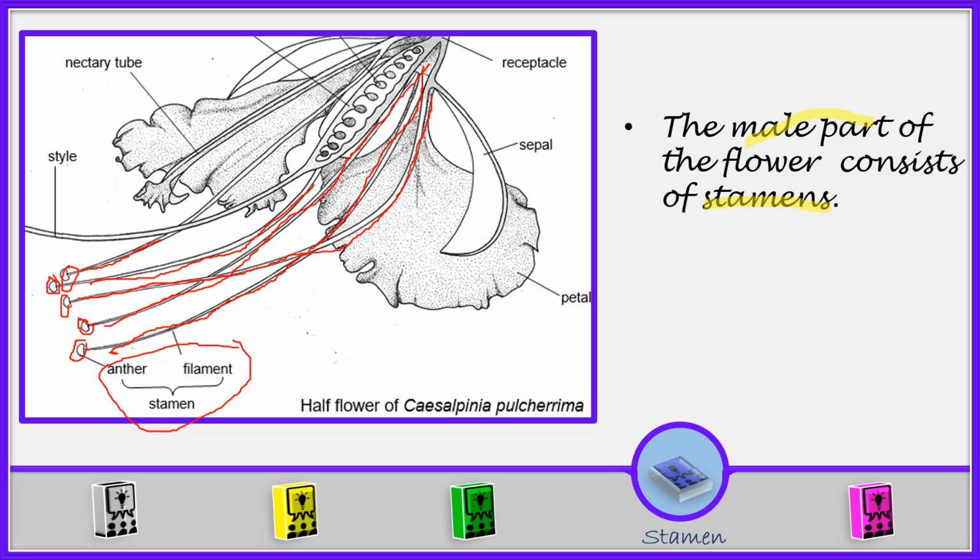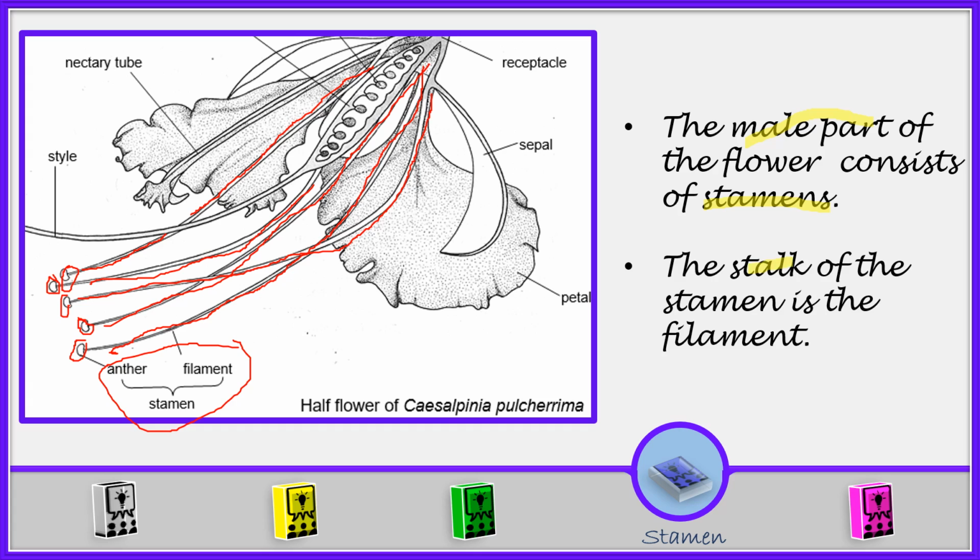On top of the filaments, we have the round structures. Those structures are the ones that we call the anthers. The stalk of the stamen is the filament.